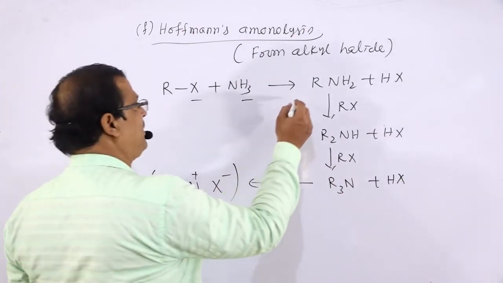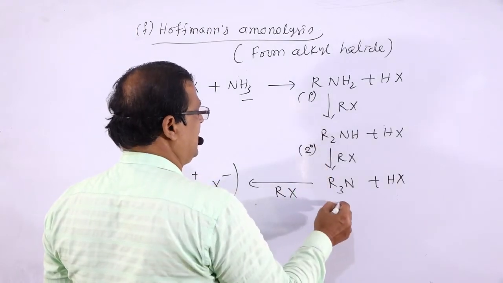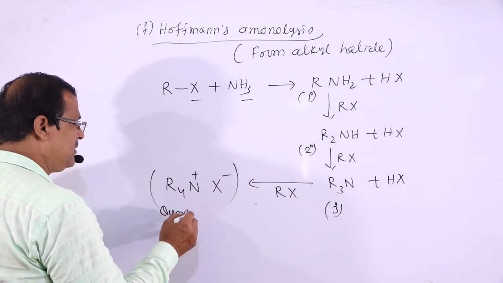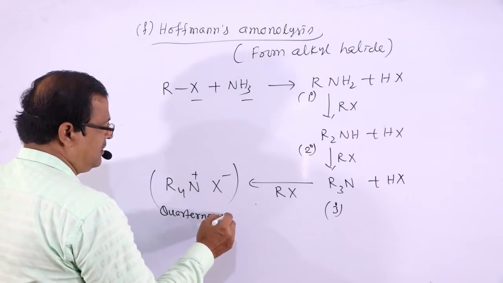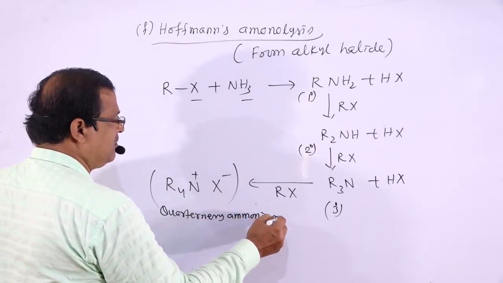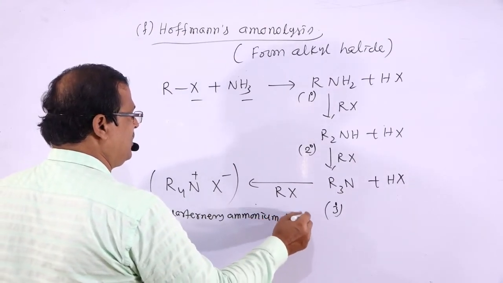This is your primary amine, secondary amine, tertiary amine, and this is the quaternary ammonium salt that will be formed.